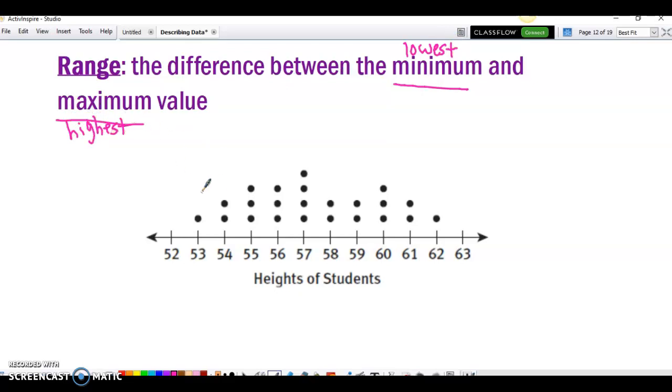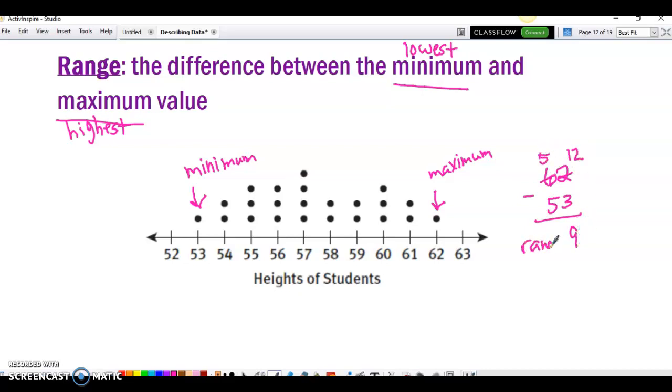So this guy is your minimum because it's your lowest value in your data distribution, and this guy is your maximum. You're just going to do the same thing. You're going to take your high number, which is your maximum, minus your low number, which is your minimum. Don't forget to borrow. And your range is going to be 9. Okay, so same thing, different words. Get used to the different words.